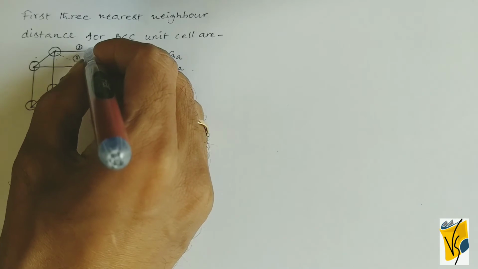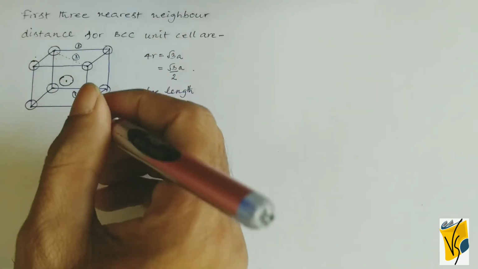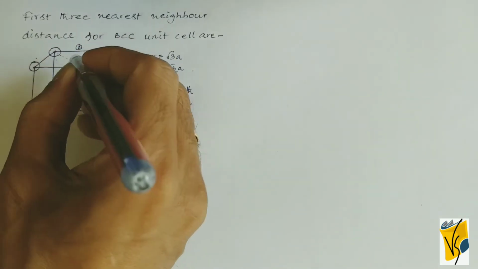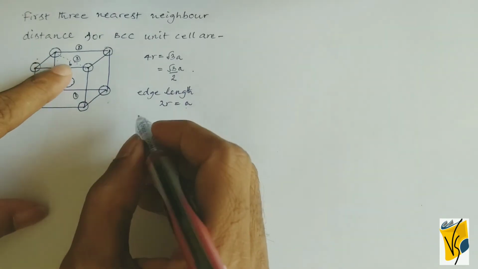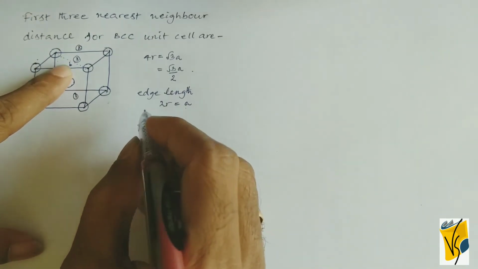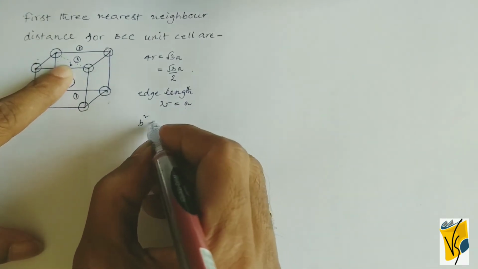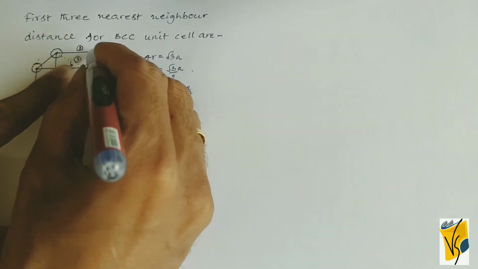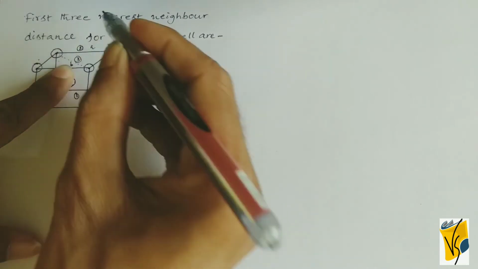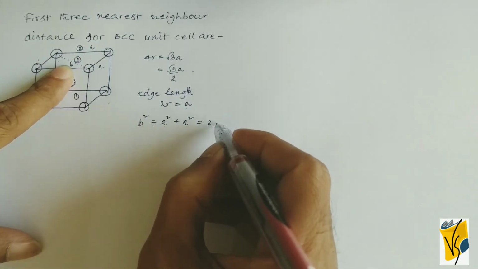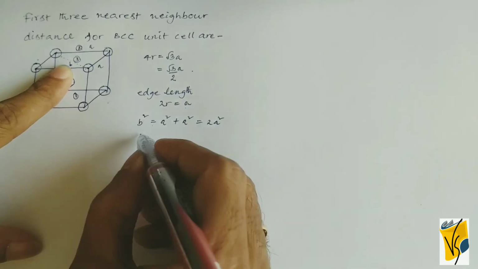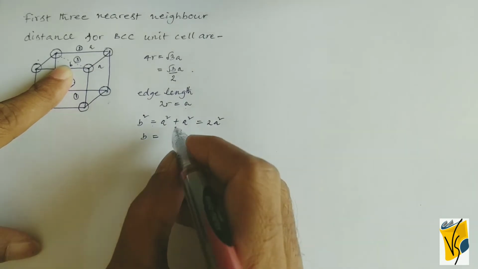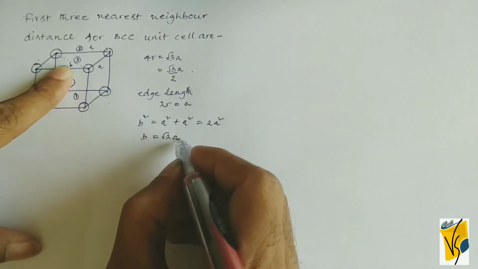If this is a, this is a, so let us take face diagonal length as b. b square is equal to a square plus a square, that is equal to 2a square, or b is equal to root 2a, right?